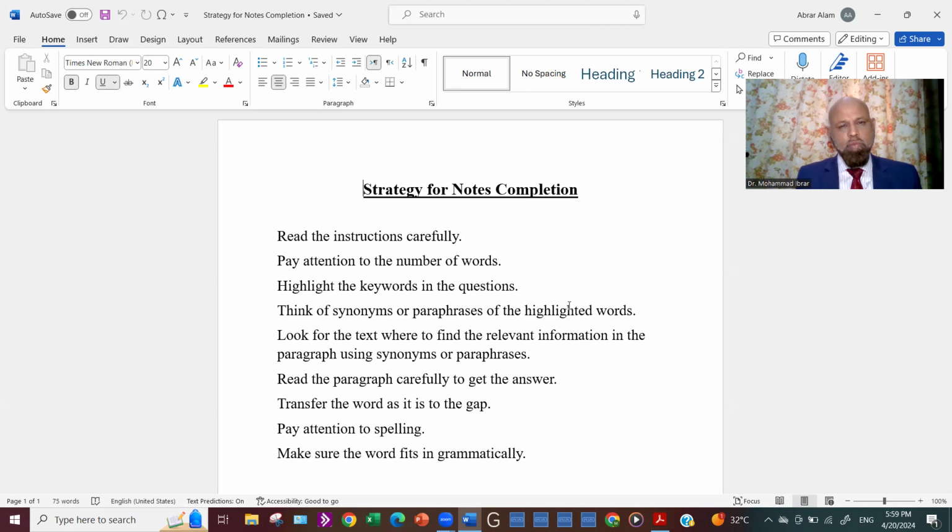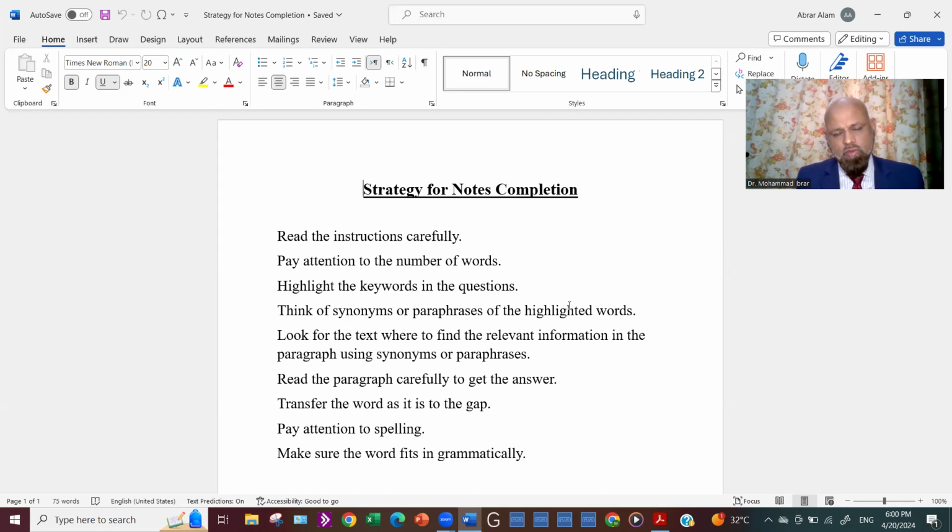Think of synonyms or paraphrases of the highlighted words. As soon as you highlight important words, you need to think of synonyms or phrases that you can replace them with. Look for the text where to find the relevant information in the paragraph using synonyms or paraphrases.